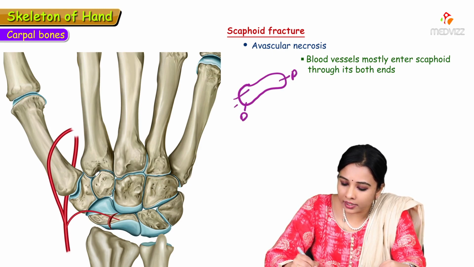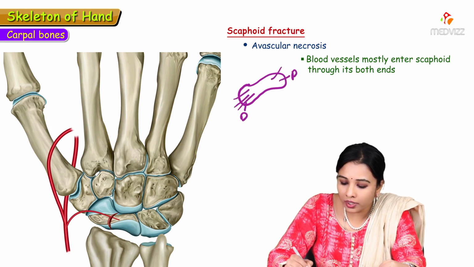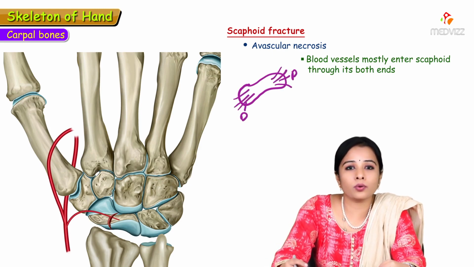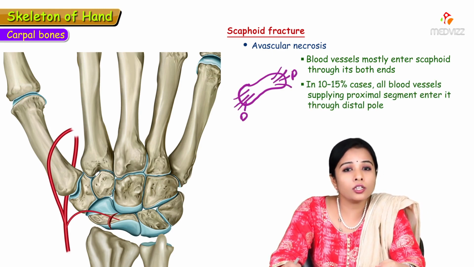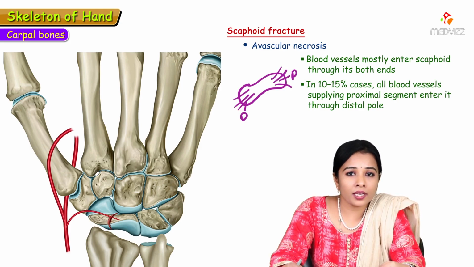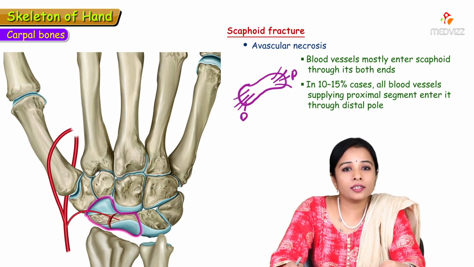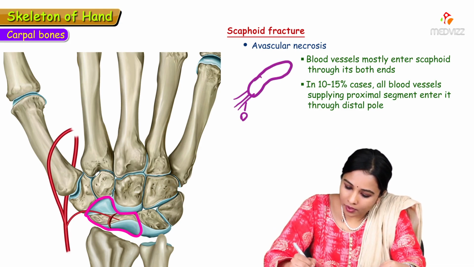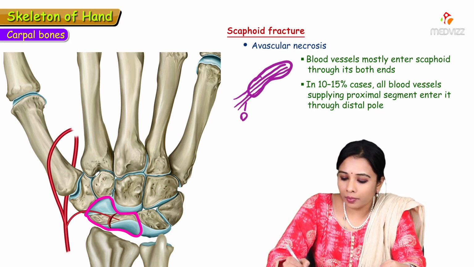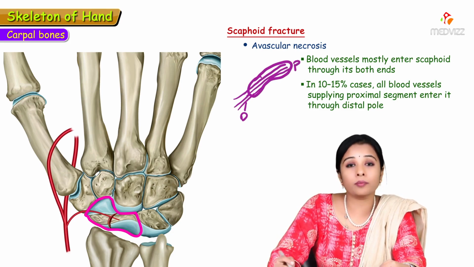So blood vessels enter from both the ends, usually in all the scaphoid bones. In 10 to 15% of the cases, all the blood vessels may supply the proximal segment entering through the distal pole. Means all the blood vessels will traverse from the distal pole, enter through the distal pole to supply the proximal segment.